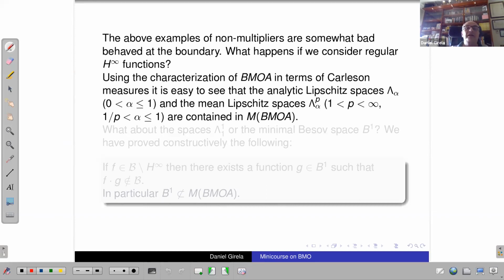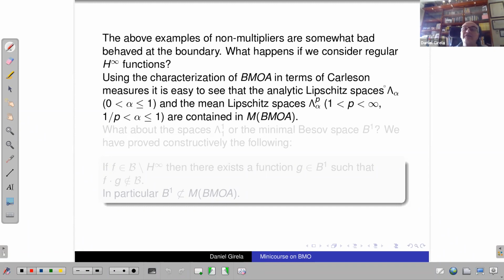If we have, for instance, some function which is in the class Lambda alpha, let's say Lambda alpha means that it's analytic in the disk and continuous in the closed unit disk, and so that the boundary values satisfy a Lipschitz condition of order alpha. Or if you prefer, if it is in the mean Lipschitz space Lambda p alpha, this means that F is in H^p and the modulus of continuity of order p satisfies a certain growth.